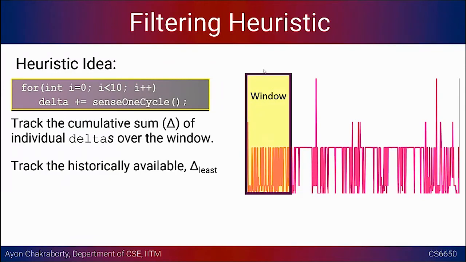The other thing that we are also trying to track is the historically available value of the delta list within a window. For previous windows you have also figured out similar values of delta, and what we are trying to see is what was the value of delta list encountered within some short history. That history is also variable, how much history you want to consider.